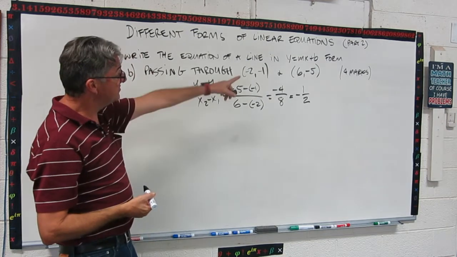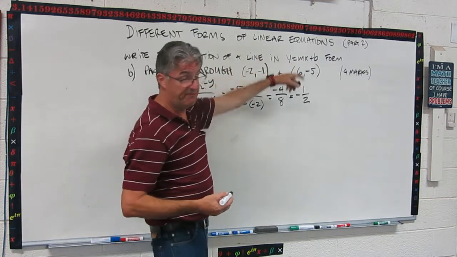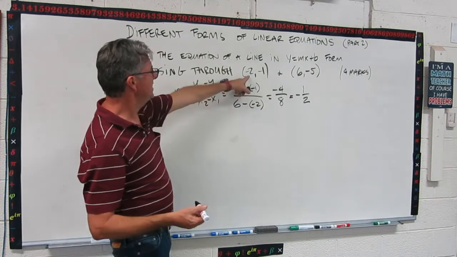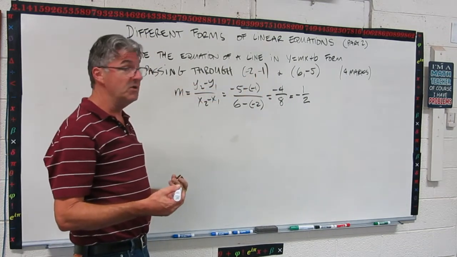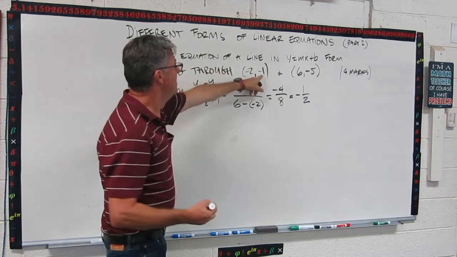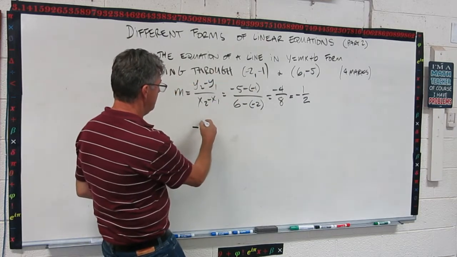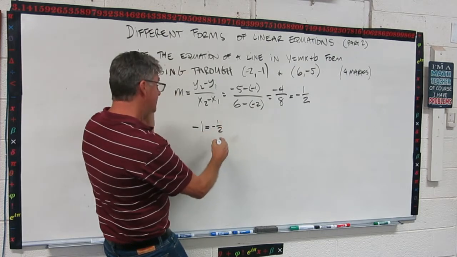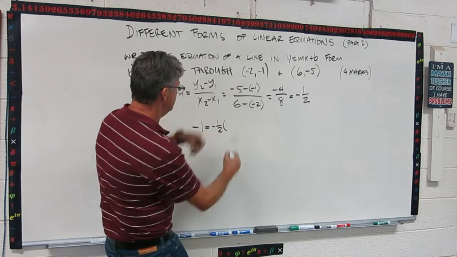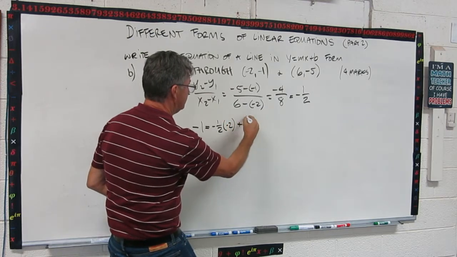So now what I'm going to do is go ahead and use my y equals mx plus b form. We'll pick this point. Doesn't matter, you can pick either one of those points. You'll get the same equation. So this is going to be my y value, -1 equals my slope, -1/2 times my x value, which is -2, plus b.